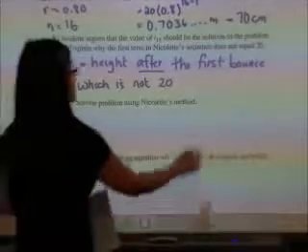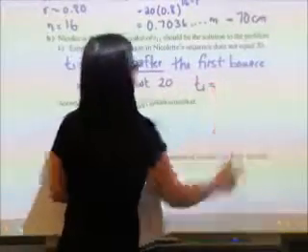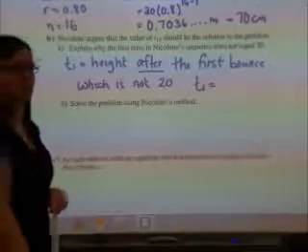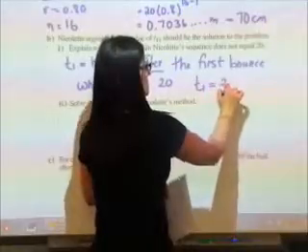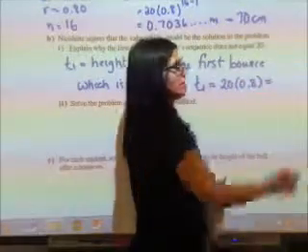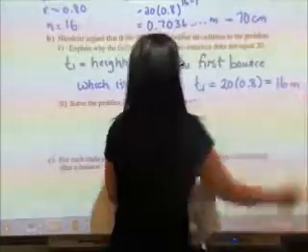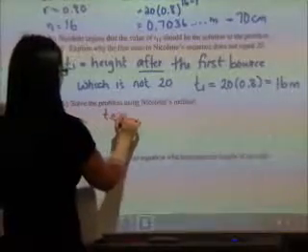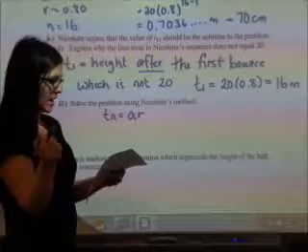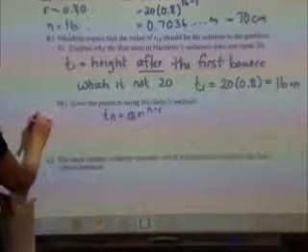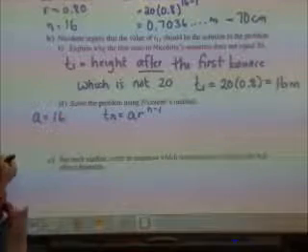What would the first term then be? What would be the height after the first bounce? 16 meters. So now if I use Nicolette's method, I get T of n equals a times r to the power of n minus 1. Her a is 16.